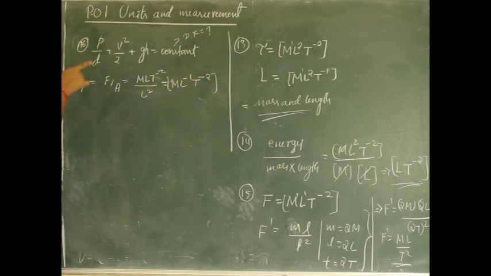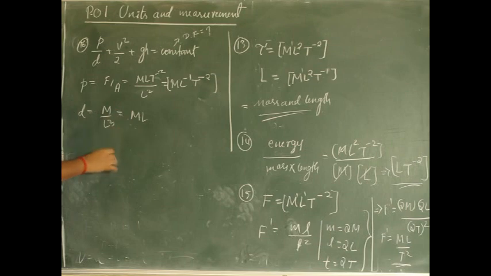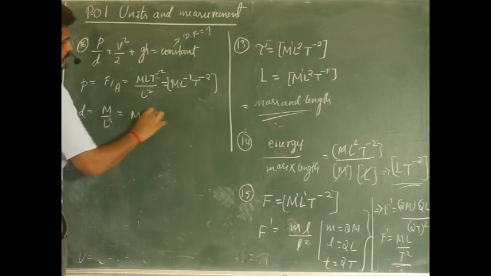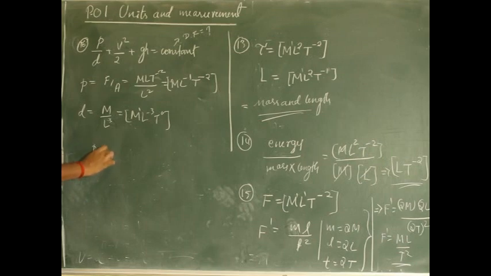Next, what is D? Density. Density equals mass by volume. That means M over volume, L cube, sorry, ML^-3, like this, correct? So next, substituting, that is P by D is equal to, what do we get?